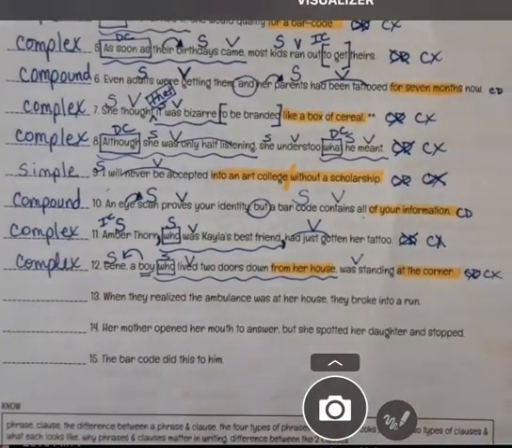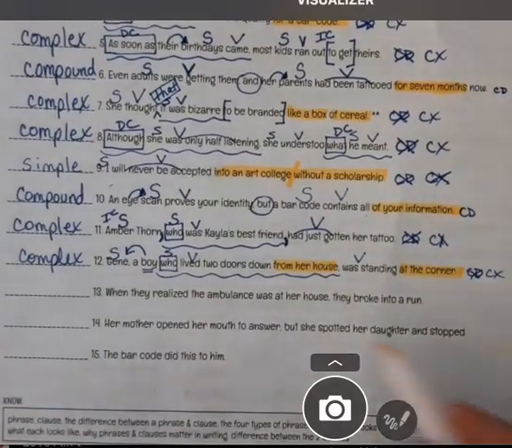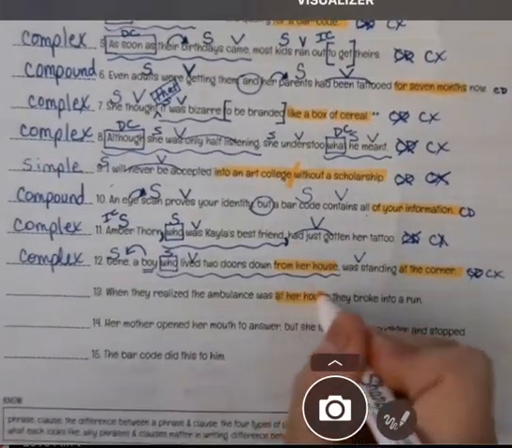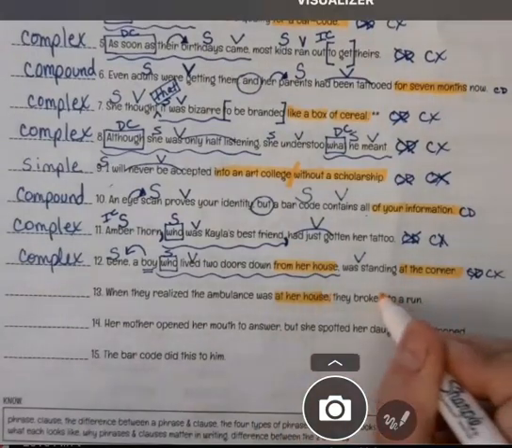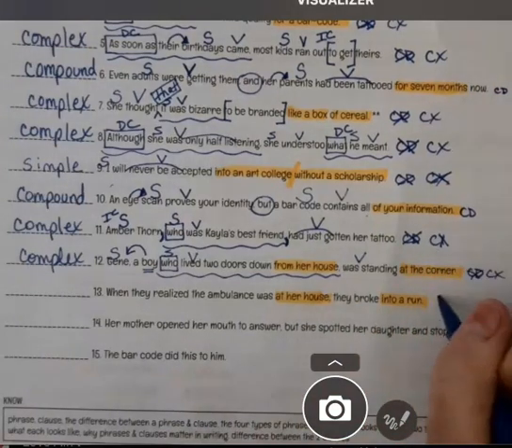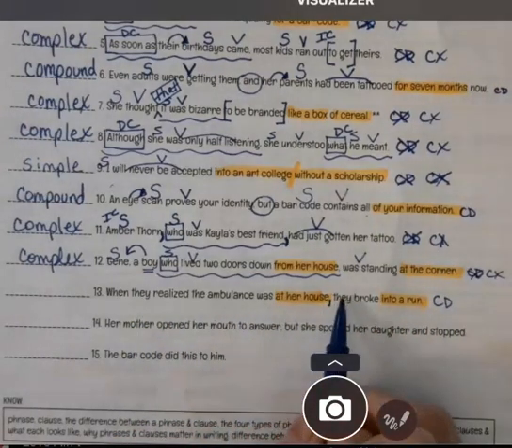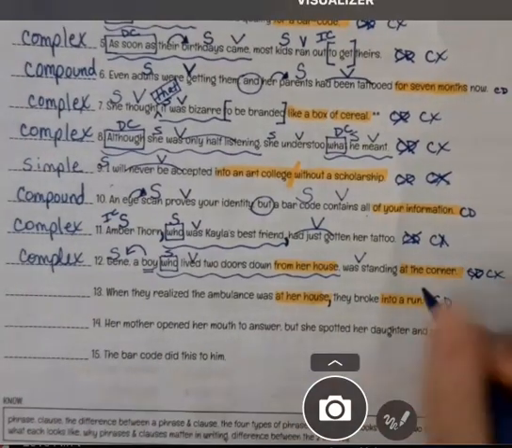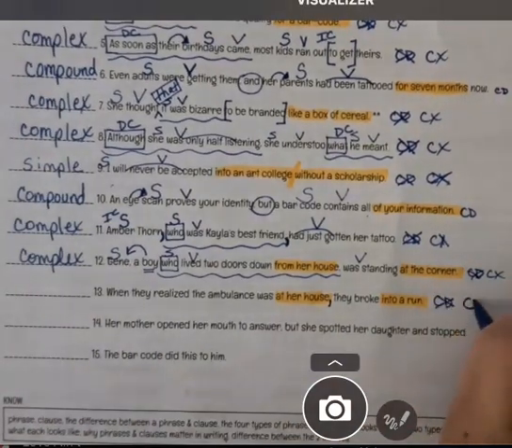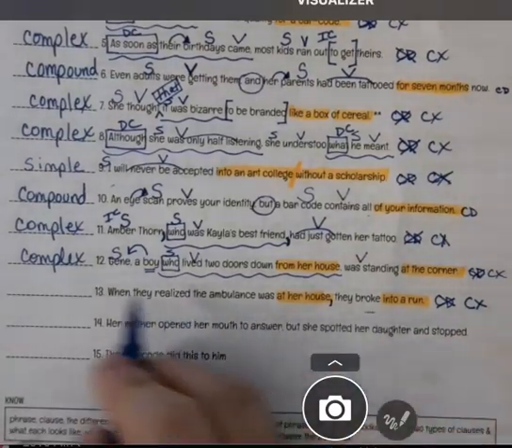When they realized the ambulance was at her house, they broke into a run. So I see at her house and into a run. So I'm going to look first to see, is it compound? Do I see a comma conjunction? I see a comma, but it has they after it. So I know it's not compound. Now I'm going to look for complex. I'm going to look for my subordinating conjunction.